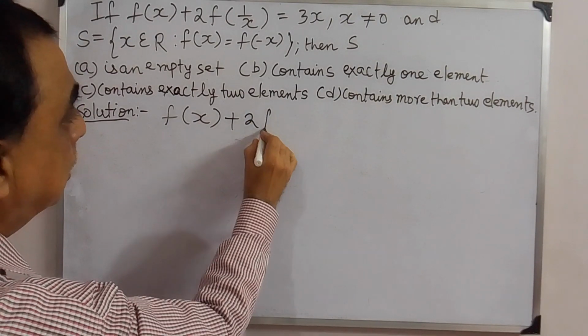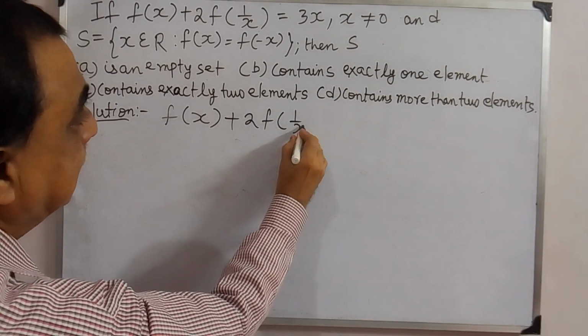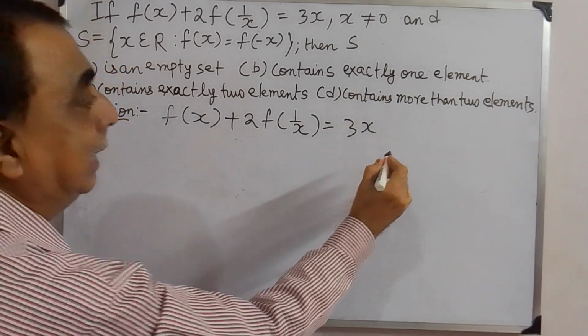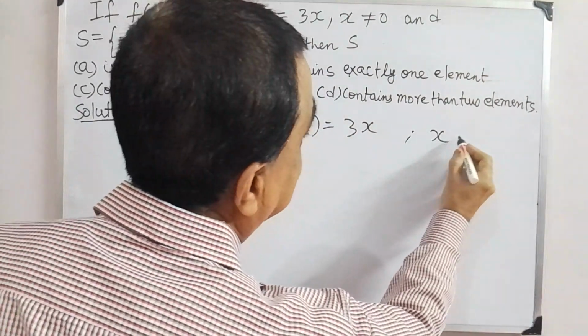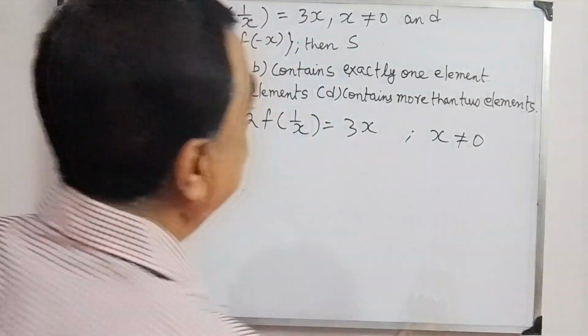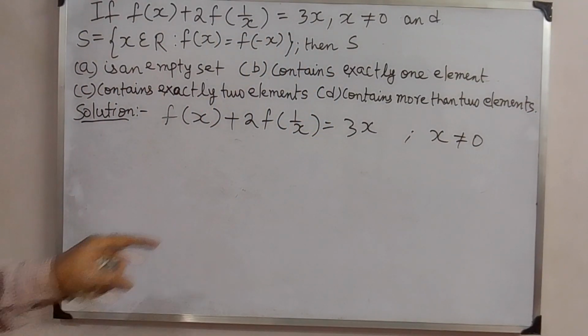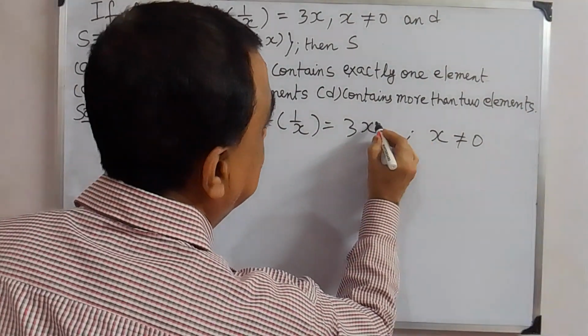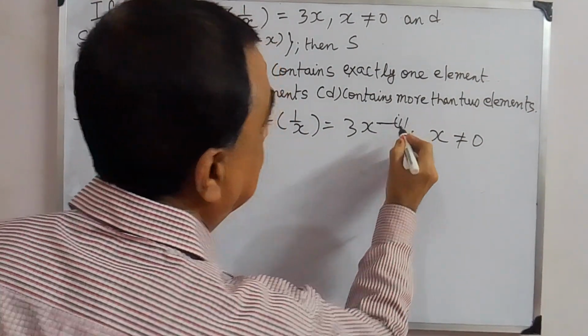So see here, it is given to us that f(x) + 2f(1/x) = 3x, and it is being told to us that x is not equal to 0. Let this be equation 1.